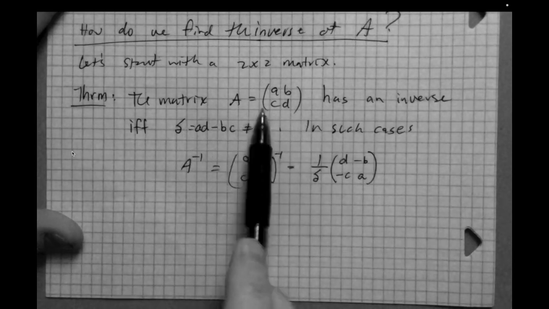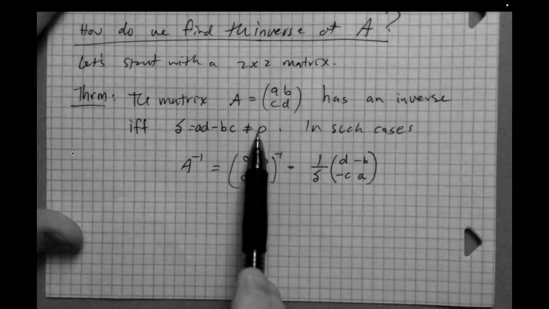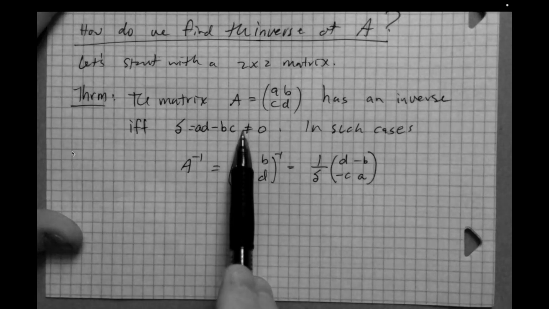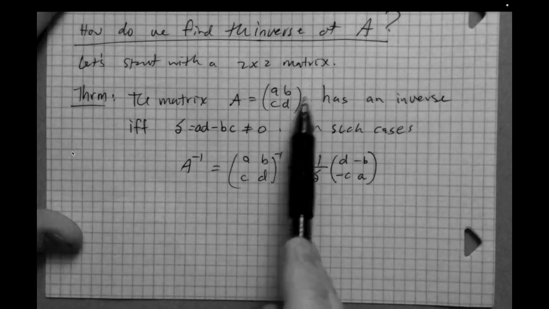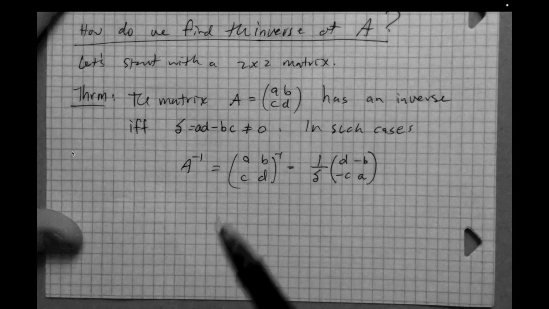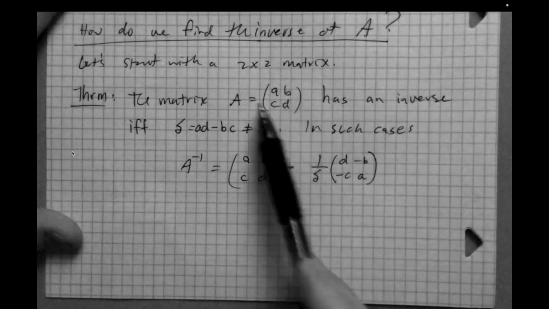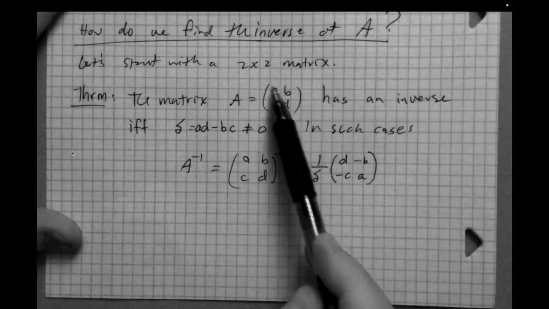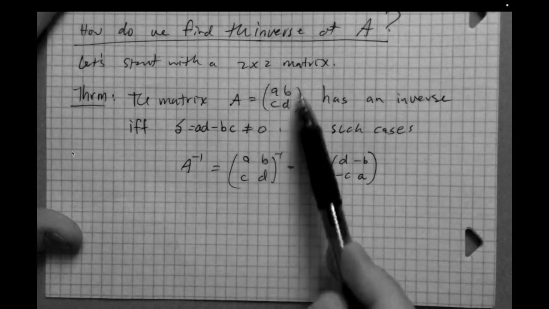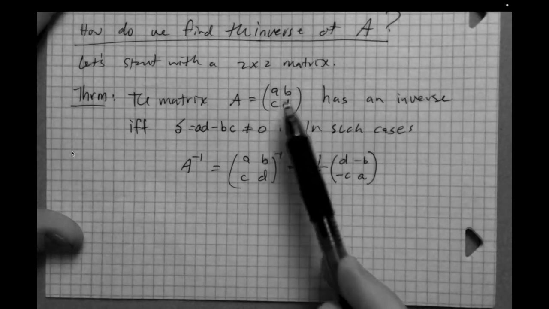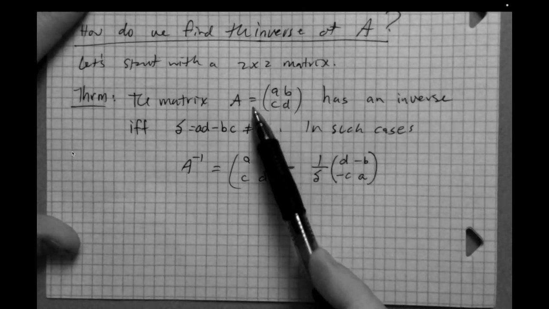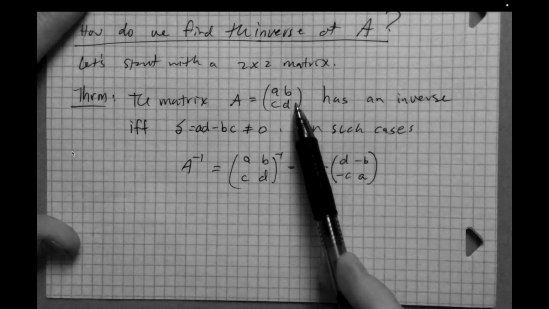First of all, given a matrix, we can check to see whether it's singular or non-singular very quickly. Multiply two numbers together, subtract another product from it. So A times D minus B times C. It's like multiplying on the diagonals. If that number is non-zero, then this matrix definitely has an inverse.